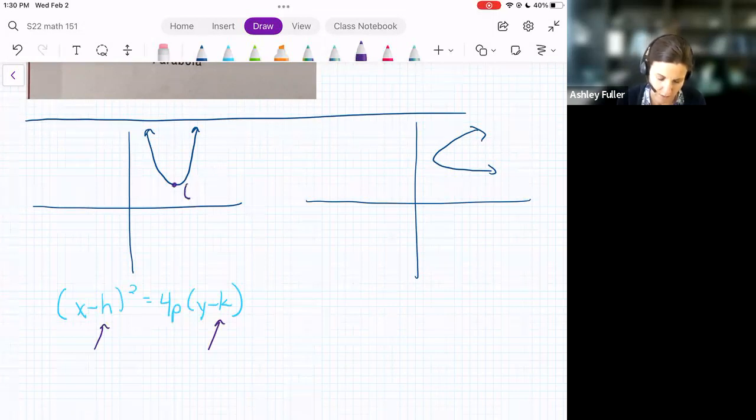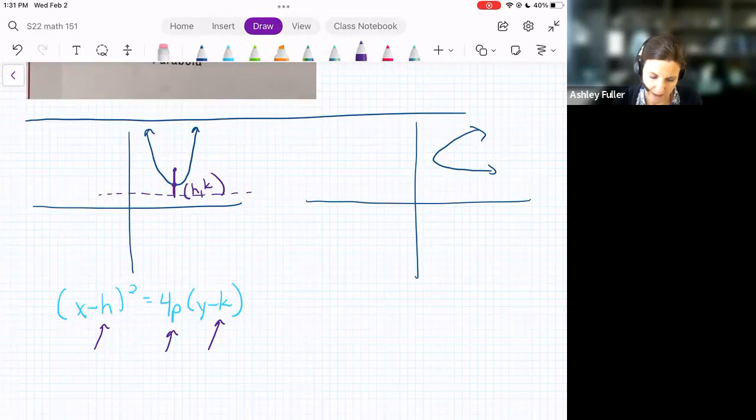And so this right here would be hk. This 4p is what helps us determine the directrix line, which in this case would be a y equals line, and the focus. And remember that this distance here between the directrix and the focus is going to be 2p.